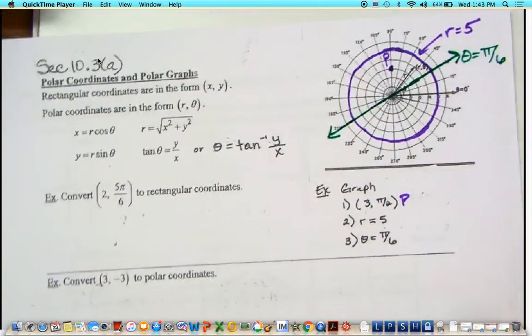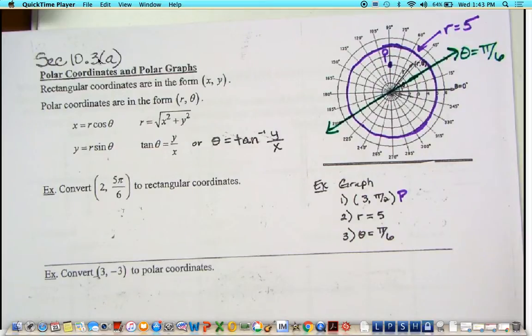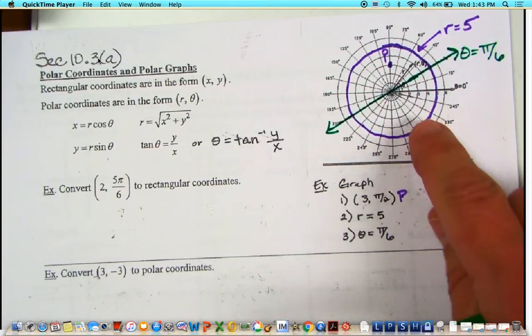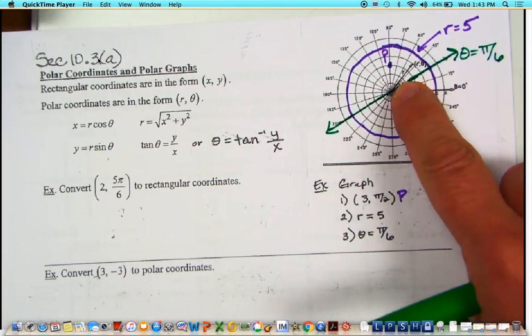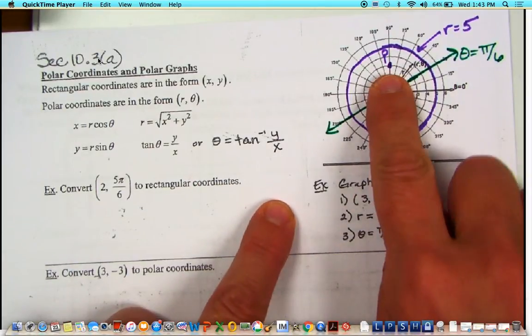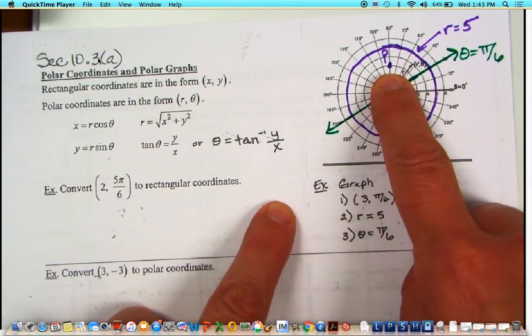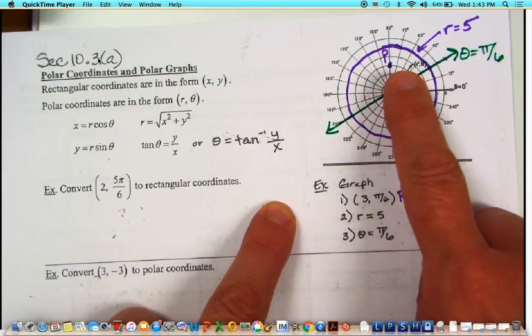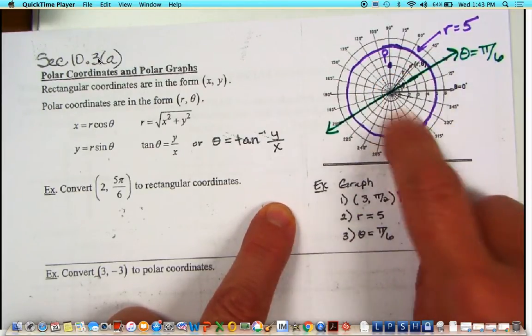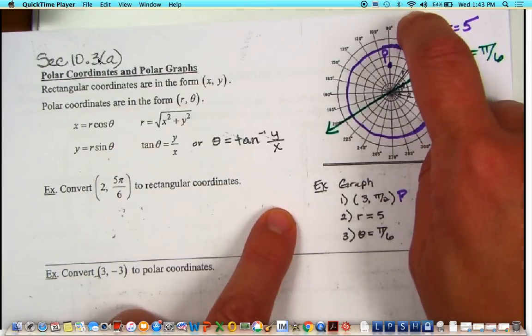Do you recall that there are multiple ways to name points when you're talking about polar? So like this is 3, 3 pi halves. Can you think of another way you could label that point? Negative 3, 3 pi halves, right?